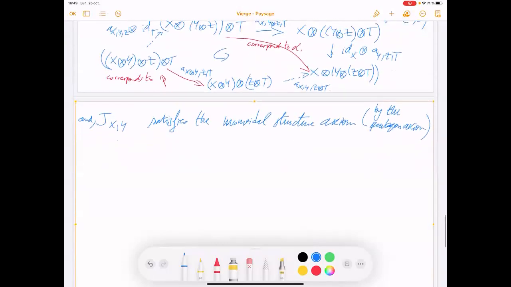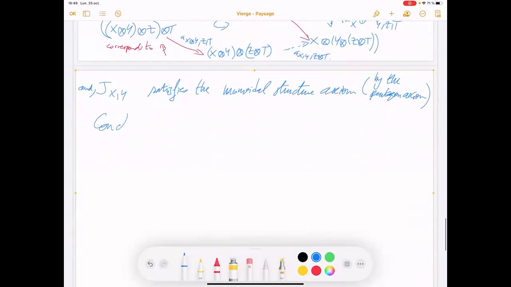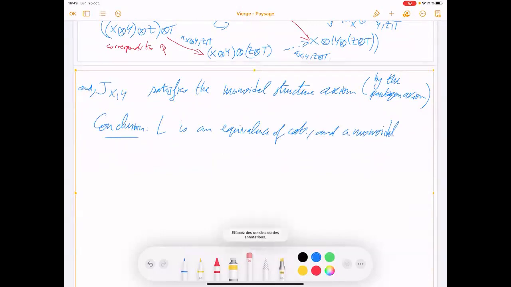So conclusion. L is an equivalence of category and a monoidal functor.